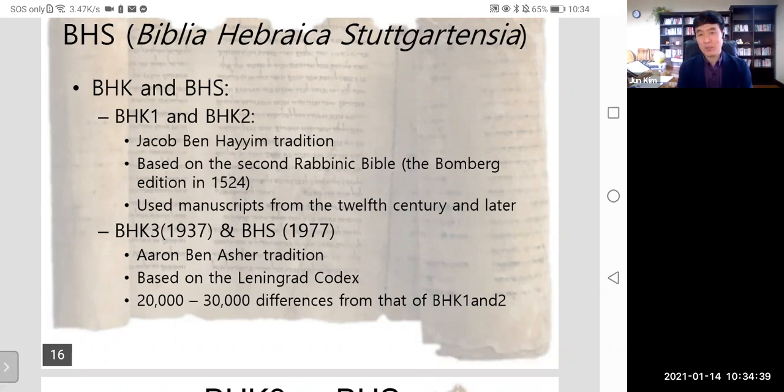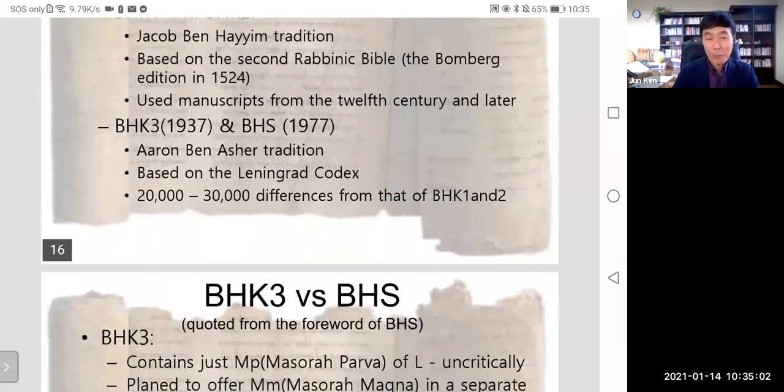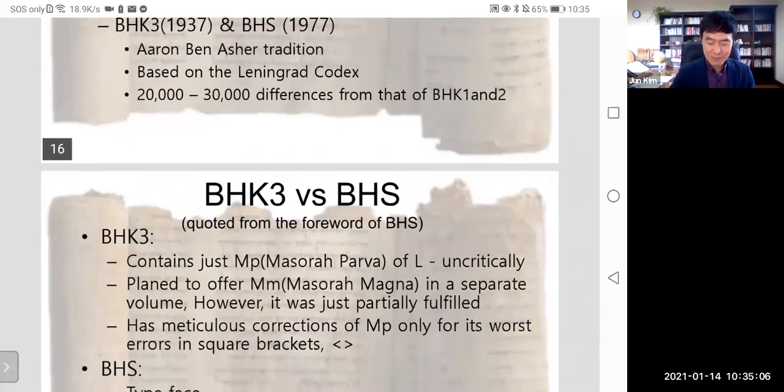I'm amazed to see how carefully and accurately the Hebrew manuscripts were preserved. Anyway, when it comes to the 20,000 or 30,000, it's not my job. If you're interested, go ahead and deal with it in your further studies. But we can be thankful for the identical part, which is far more than this difference.